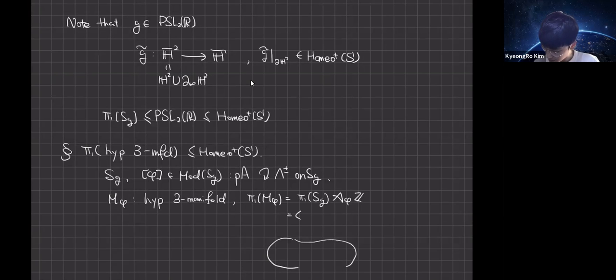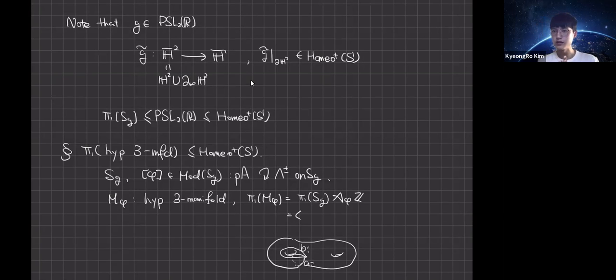Let's look at the group presentation. Here is our surface. Now we choose a standard generating set like this, and we label each loop like this, ai and bi.